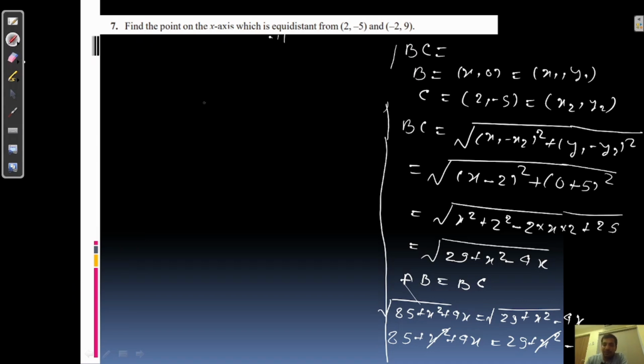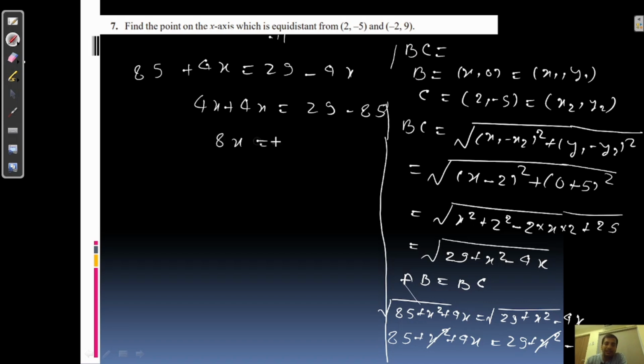Okay, now look. So we are having 85 plus 4x is equal to 29 minus 4x. So this minus 4x I will send it here. It will become plus 4x, so 4x plus 4x is 8x.